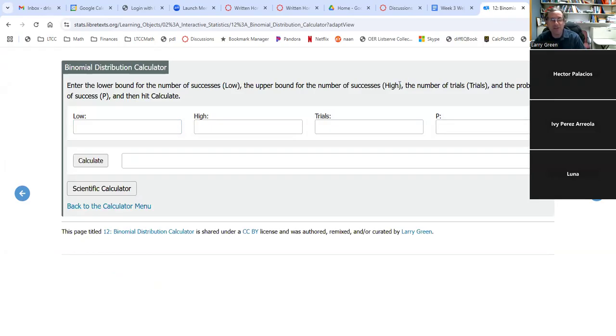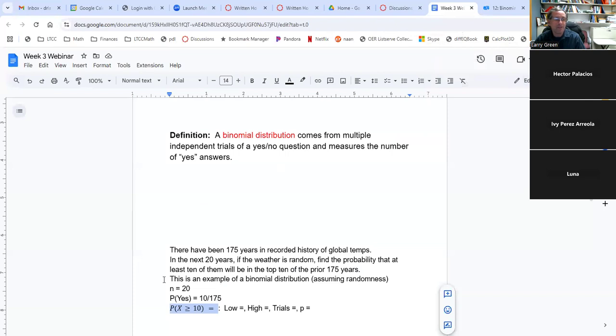Upper bound for the number of successes is high. Number of trials, and the probability of success. Then we hit calculate. So, what's the low? If we want the probability that x is at least 10, what's the lowest number that could be? It's very obvious. That's a hint. 10. Yeah. What's the highest number that could be?